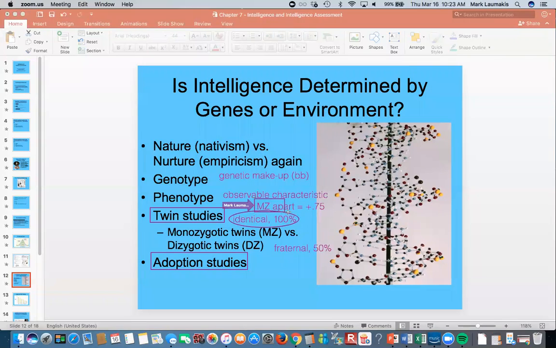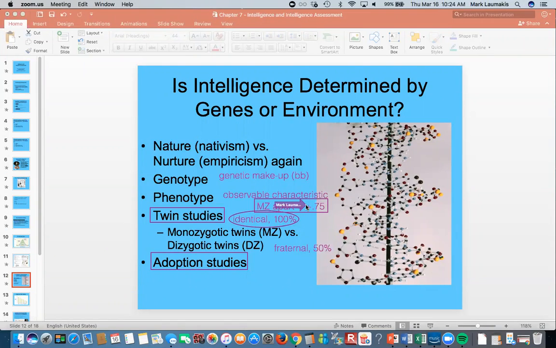It's important that you understand the logic here of why this tells us what it tells us about genes and environment with respect to IQ. What does this tell us? It tells us that genes matter, okay? Because these are folks who share all of the genes, but because they're raised apart, they share none of the environment. And look how similar their IQ scores are. They're at a correlation of positive 0.75.